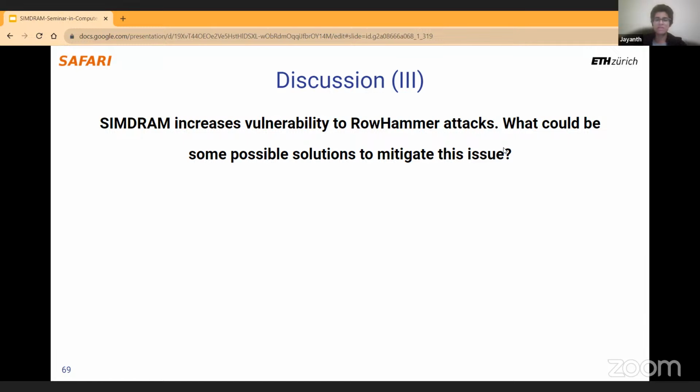That could make it easier to launch a RowHammer attack. So maybe that could be why it increases vulnerability.